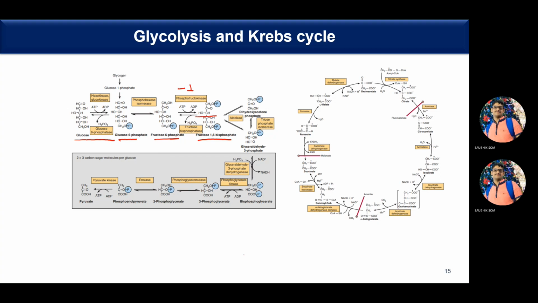Correct? So two different three-carbon groups are now formed. Then there will be an isomerization reaction again by triose phosphate isomerase.